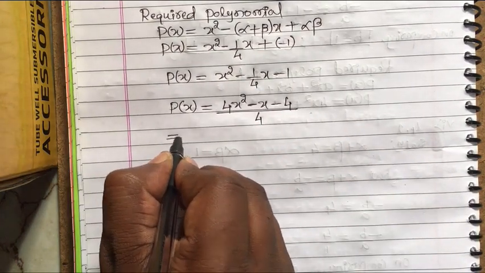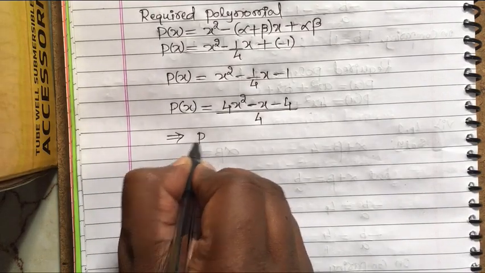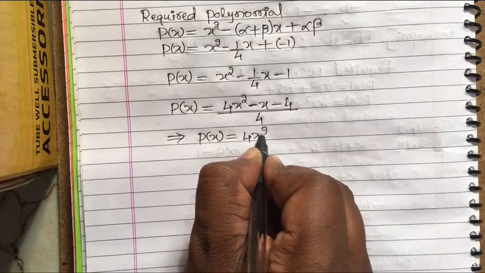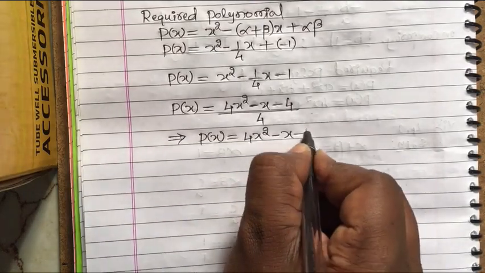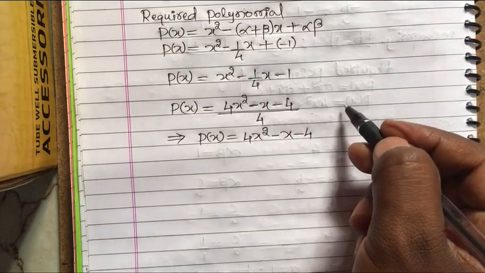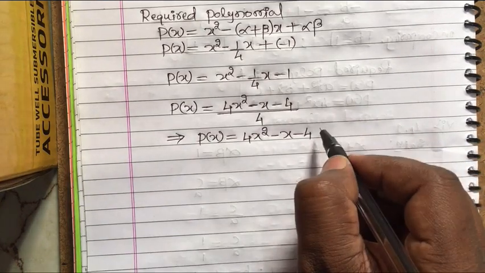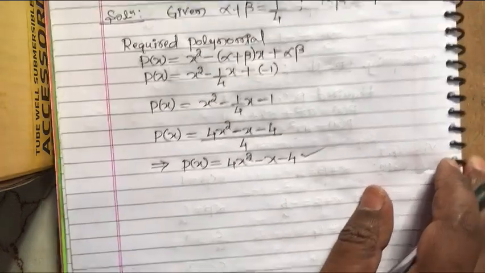This implies p of x is equal to 4x square minus x minus 4. This 4 will be multiplied with 0, and 0 into anything is always 0. Hence we get the required quadratic polynomial.